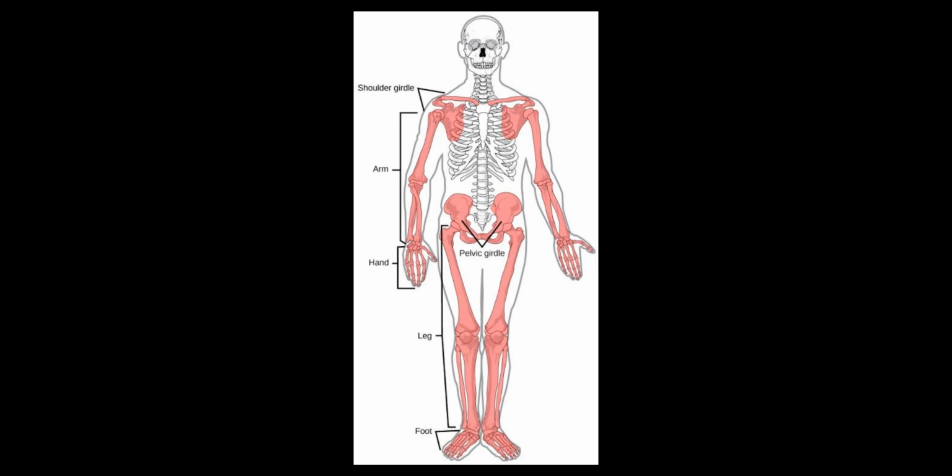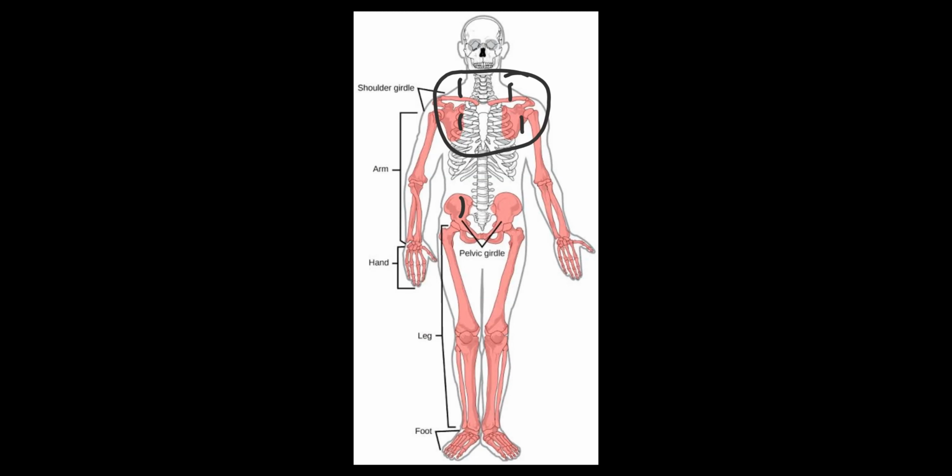So how many bones are left for girdles? 6. Out of those 6, 4 are in the pectoral girdle, the shoulder girdle, and 2 bones in the pelvic girdle.